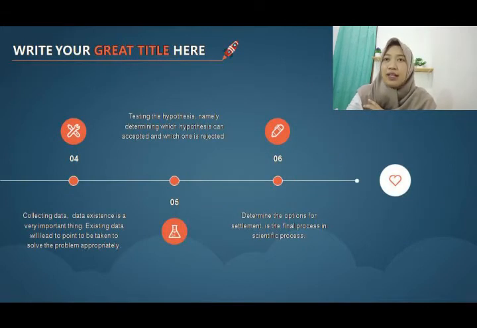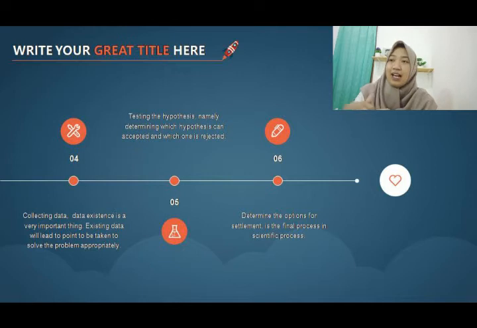The next point is collecting the data. In the scientific process, data existence is a very important thing. Existing data will lead to the point to be taken to solve the problem appropriately. At this stage, students are expected to have the ability to collect and sort the data, then map and present it in various views so that it is easy to understand.